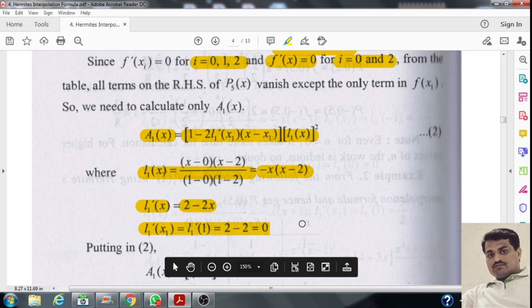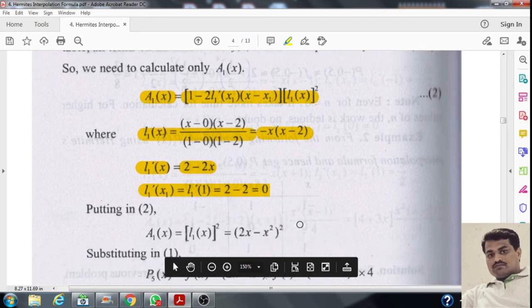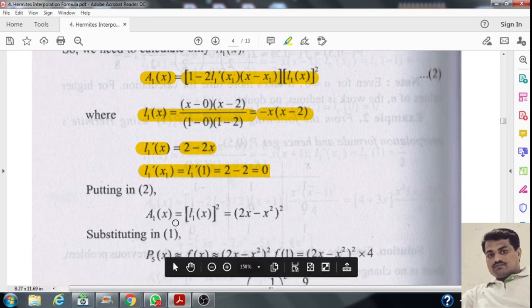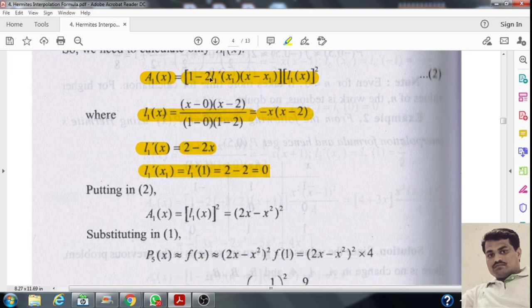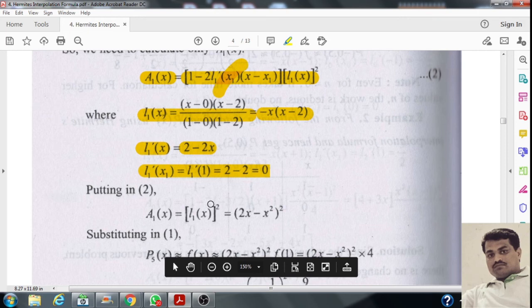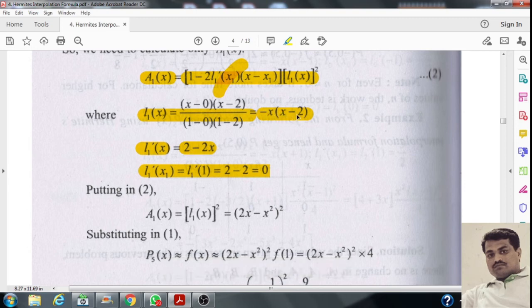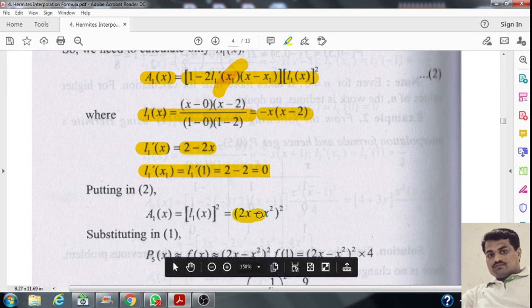First find out the a1x and then we go for the p5 of x. Here, if we consider a1x equal to 1 minus 2 into L1 dash of x1, this term is 0, hence the total second term is 0, hence it becomes L1x bracket square. Hence L1x is equal to minus x into x minus 2. This also can be written as 2x minus x square, and thus we get 2x minus x square bracket square.